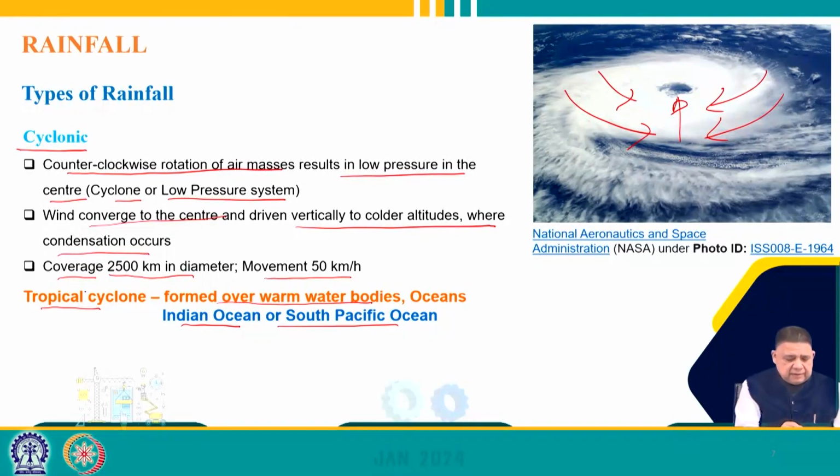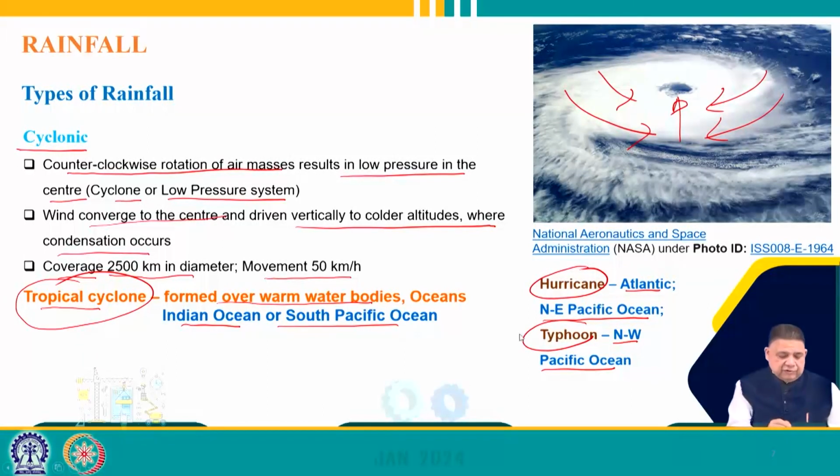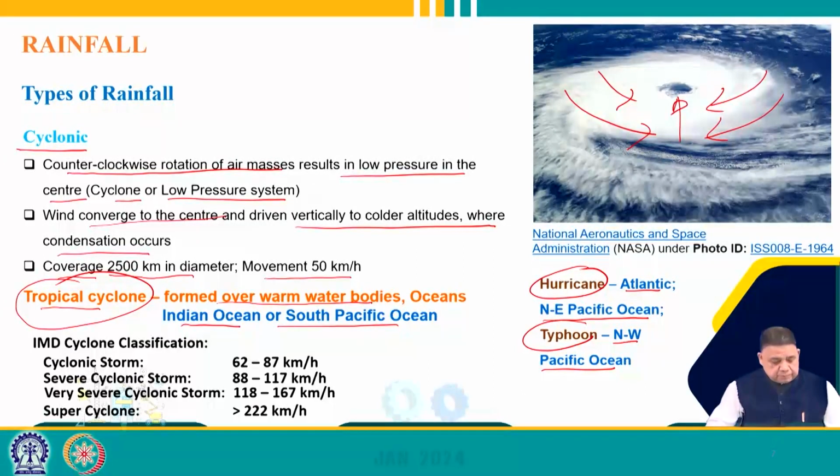In the Indian Ocean and South Pacific Ocean, it is called a tropical cyclone. In other places, it is known by other names. For example, in the Atlantic Ocean or Northeast Pacific Ocean, it is called a hurricane, and in the Northwest Pacific Ocean, it is typhoon. So, basically hurricane, typhoon and tropical cyclone are all types of cyclonic rainfall.